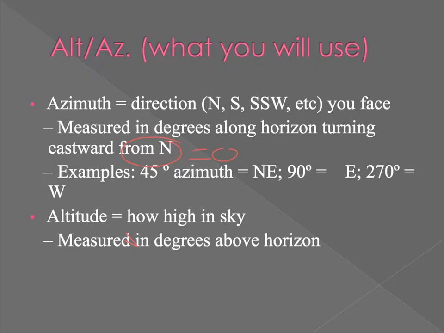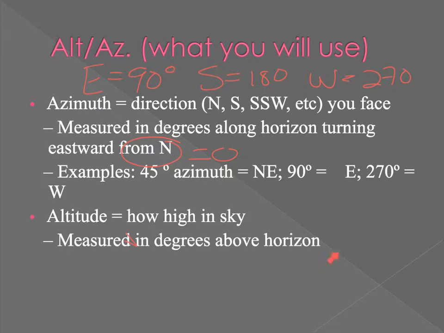So if we are facing directly east, we would be at 90 degrees. If we were exactly south, it would be 180, because remember, this is all based on a circle of 360. So if we were facing west, it would be 270. And I think I gave those values to you right here. So we could tell exactly which direction we are looking in based on the degrees of azimuth.